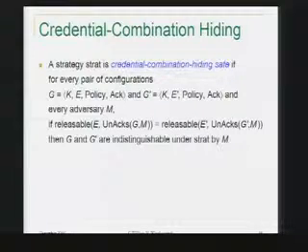A strategy is credential-combination hiding safe if for every pair of configurations, G and G prime, where the acknowledgement policies agree, because acknowledgement policies have to be something that you see, and given any adversary M, if the credentials that are releasable to M using G's credentials are the same as those using G prime's, then G and G prime have to be indistinguishable by M when you're using that strategy. Okay?